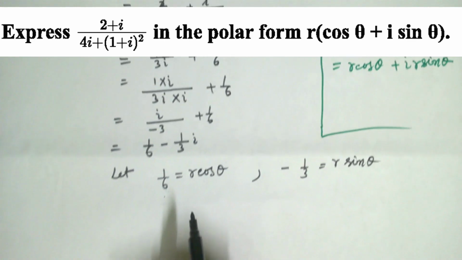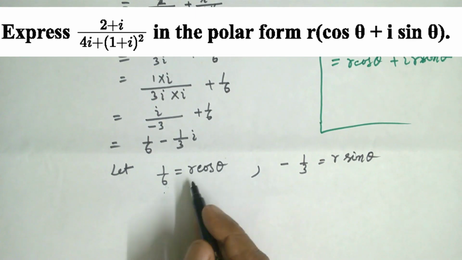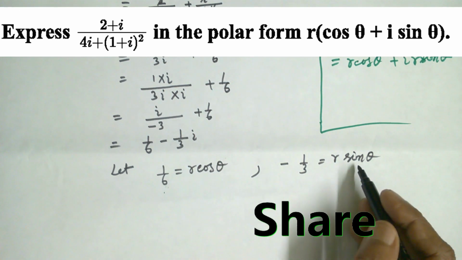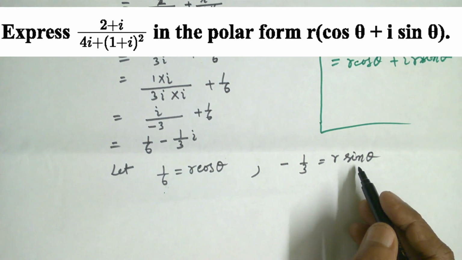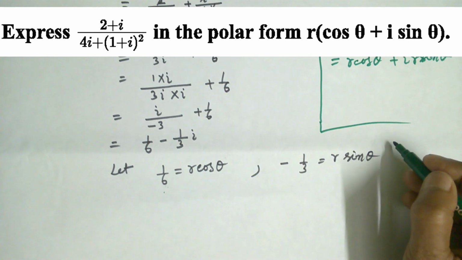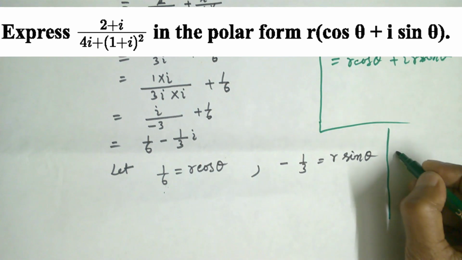From these two equations, we will find out r and θ. From here we will find cos θ and from here sin θ, because cos² θ + sin² θ is equal to 1, as we know the formula.